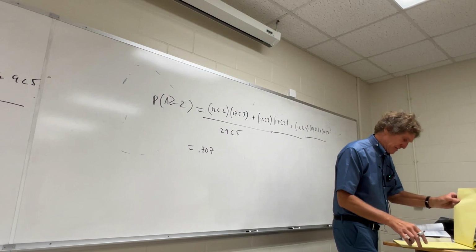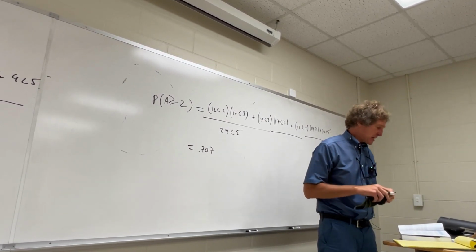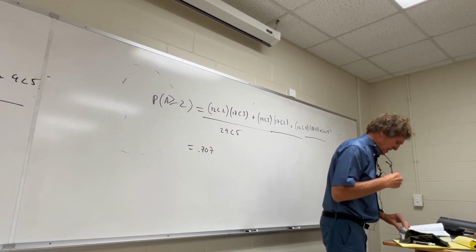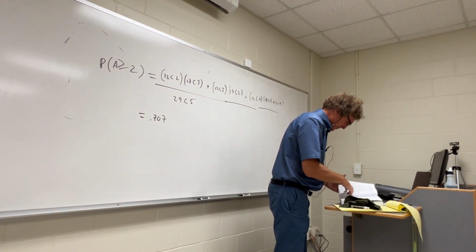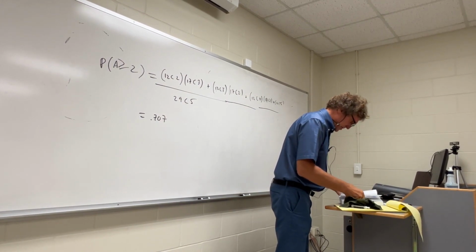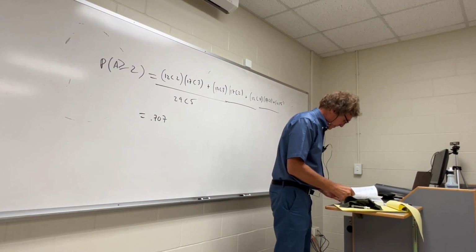The next thing I want to talk about is conditional probability. I asked you to read that section, and we did combinations. Conditional probability starts on page 29 in my textbook. I don't know where it is in the PDF.